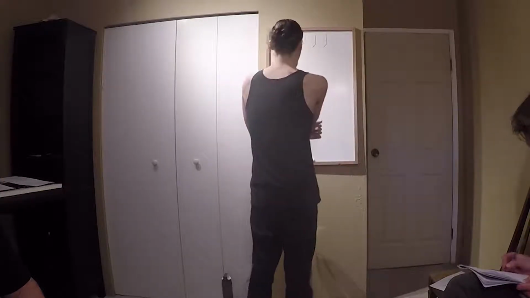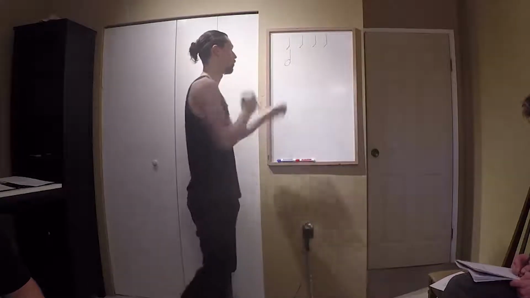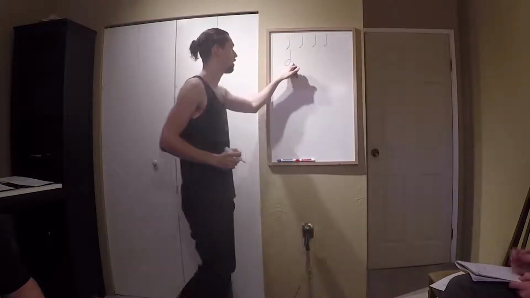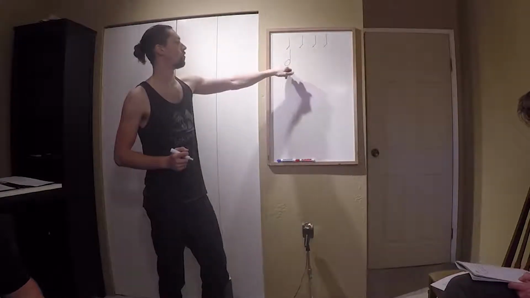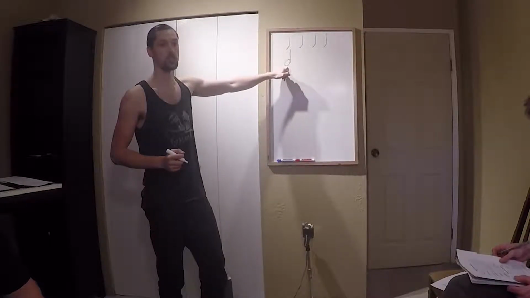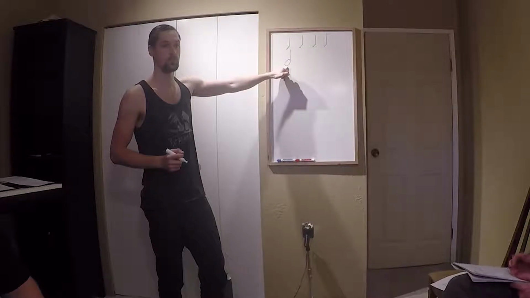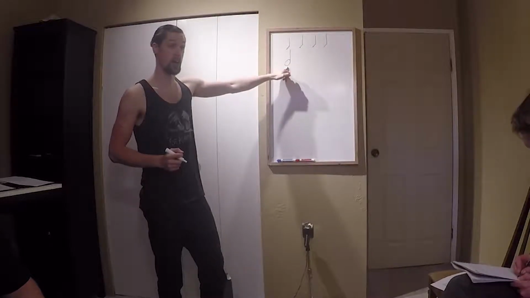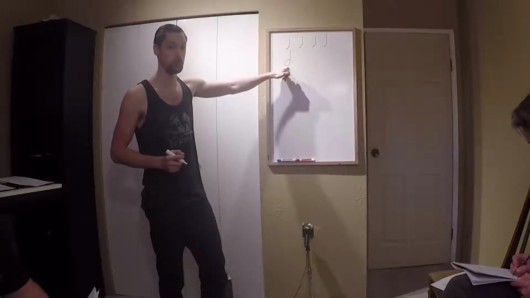So what does a dotted half note mean? Well, when you add a dot, you take the value of whatever the division that is being applied to, and you add 50% to it. So 50% of a half note is a quarter note, right? And we know that a half note is 2 quarters.